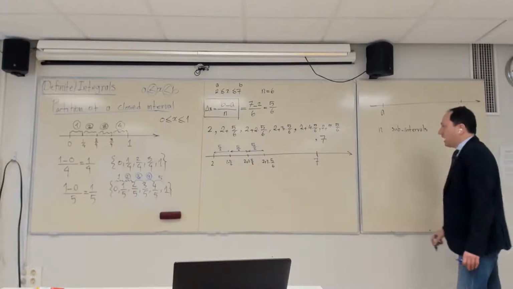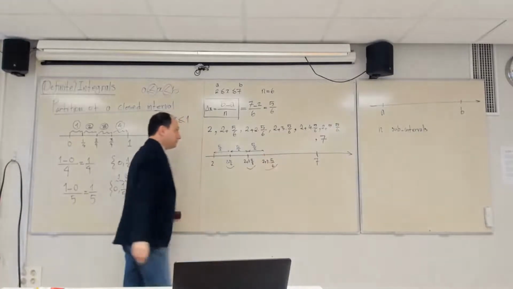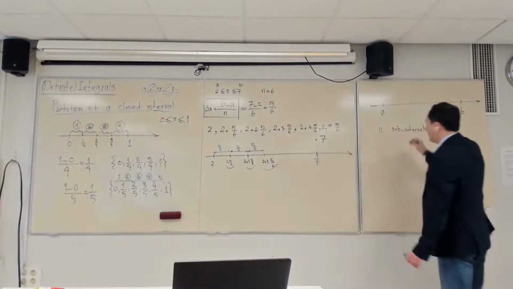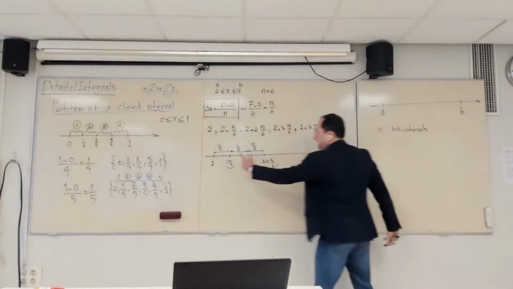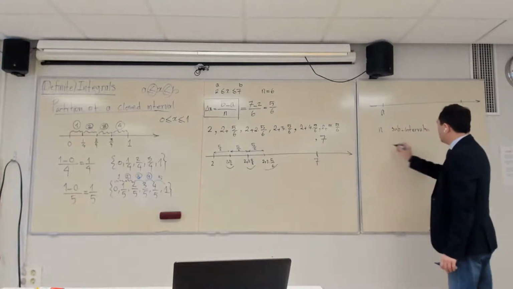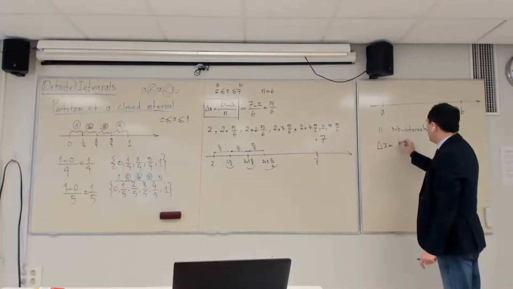Let us see how I can find a formula for these numbers here. First of all, I need to find each one of these lengths. So how should I do that? Delta x, it's still on the board, delta x is b minus a divided by n.